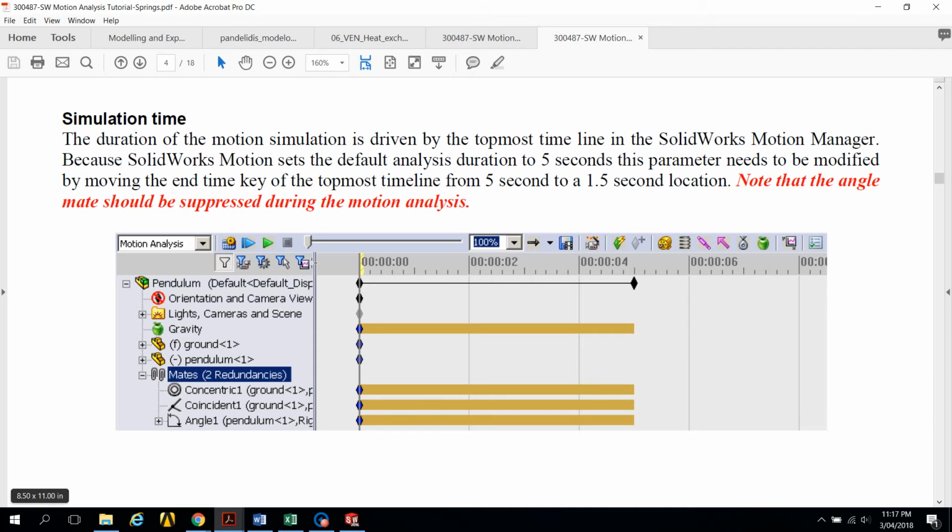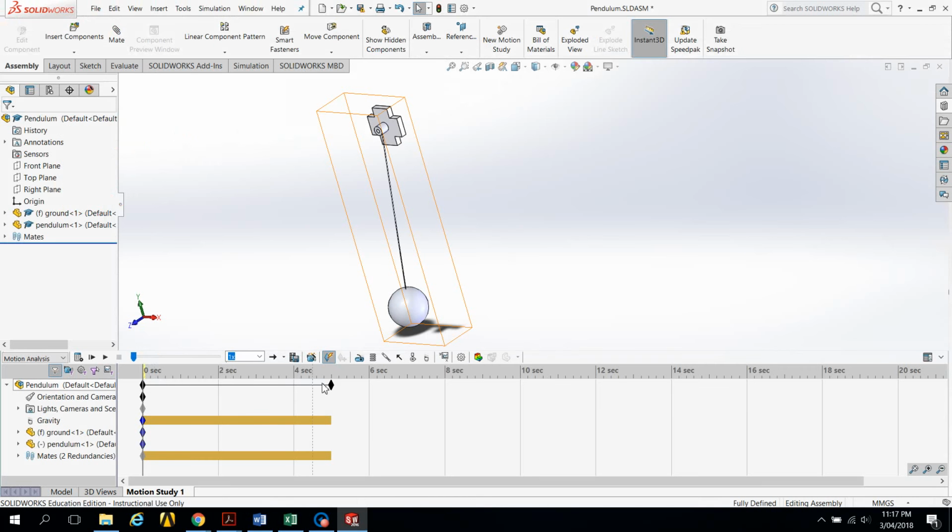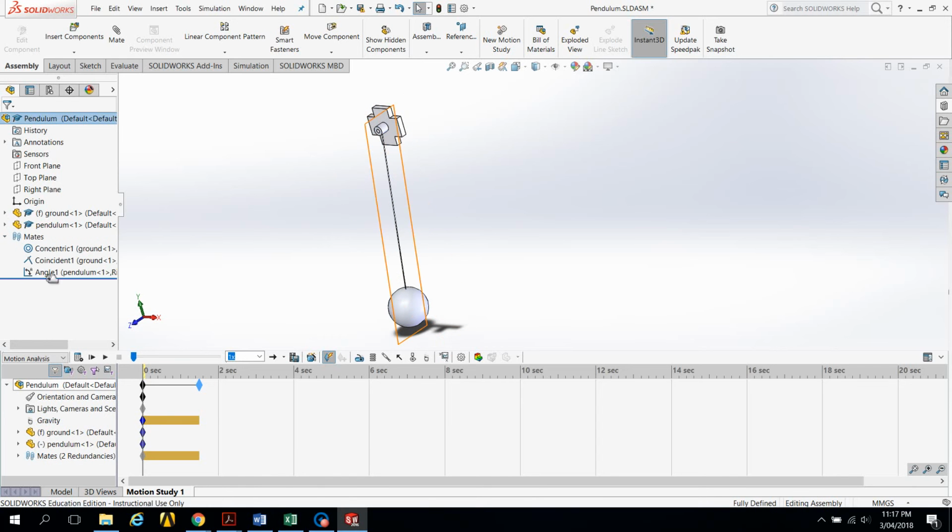The angle mate, this one. So first I'm going to take this one to 1.5 seconds. Go to the mates, this one.